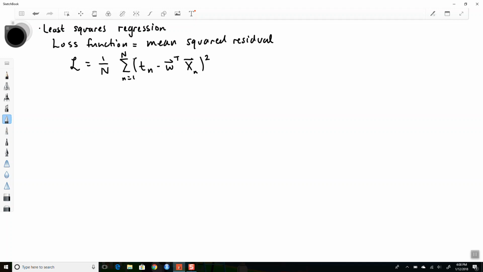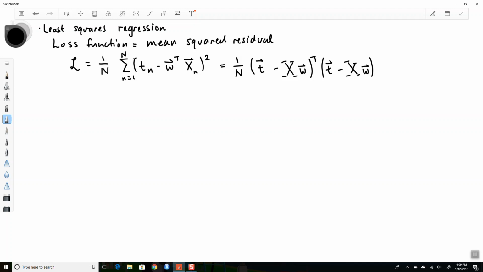We said this can be rewritten in matrix notation as (T minus the matrix X w) transpose times (T minus the matrix X w).